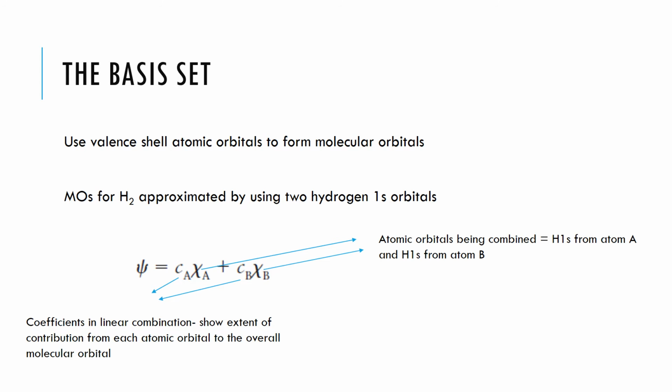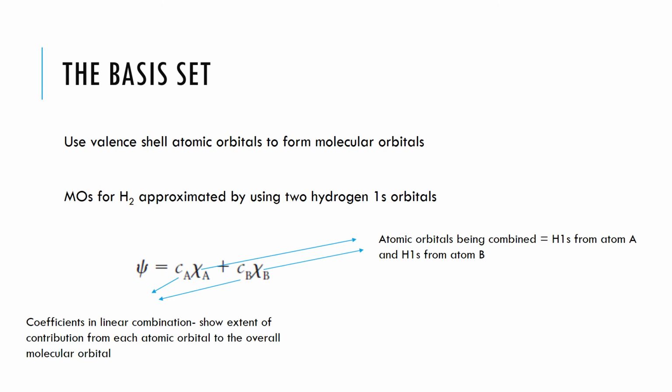And you'll see in the equation at the bottom there is essentially just a mathematical description of this process. So there is a Ca and a Cb, and these are coefficients in the linear combination. These show the extent of the contribution from each atomic orbital to the overall molecular orbital.